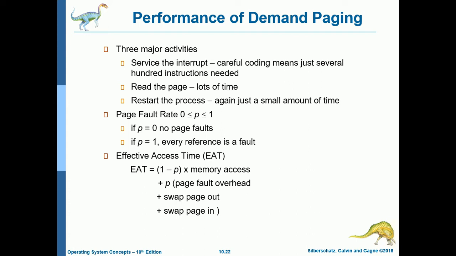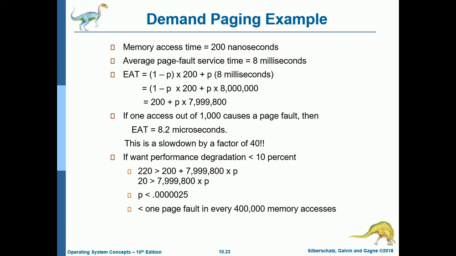So EAT is equal to (1 minus P) times memory access, plus P times the page fault overhead, plus swap page out, plus swap page in. So that's the formula of effective access time for demand paging.